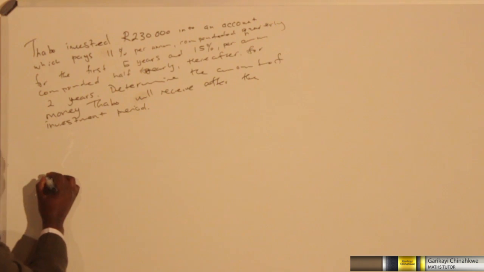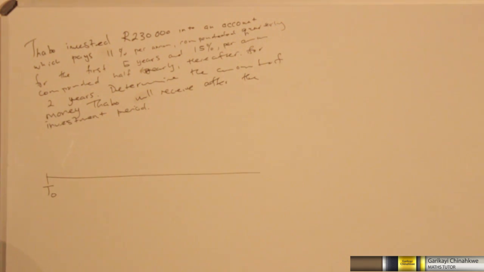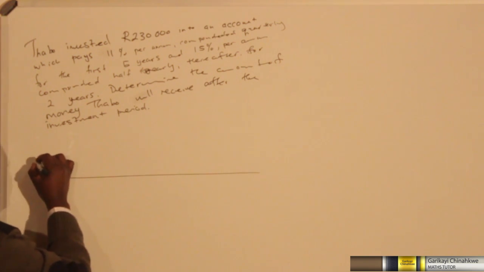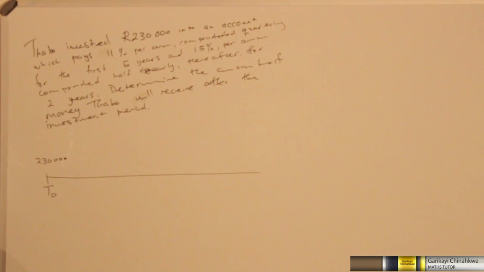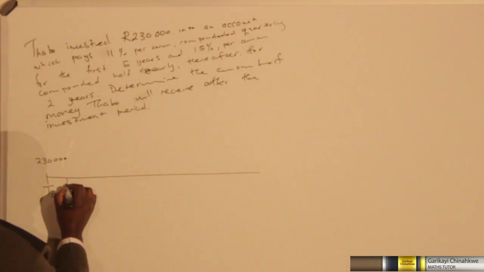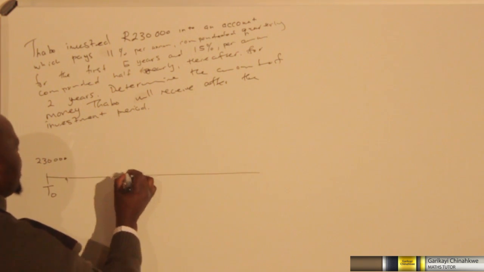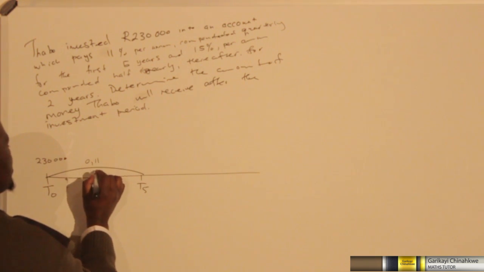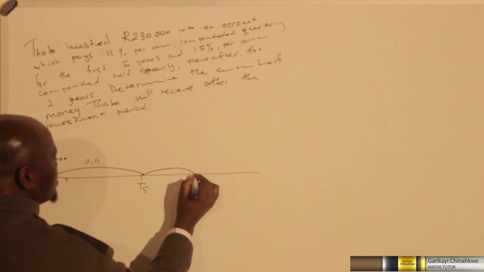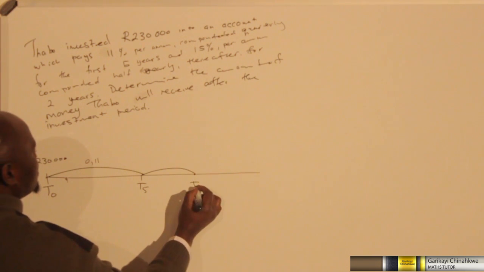First of all, you draw a timeline whereby this is T0. So when it's T0, this is 230,000, which is injected into the account for 5 years. So for 5 years, this is T5, at 0.11. Then for 2 years, it is T7.